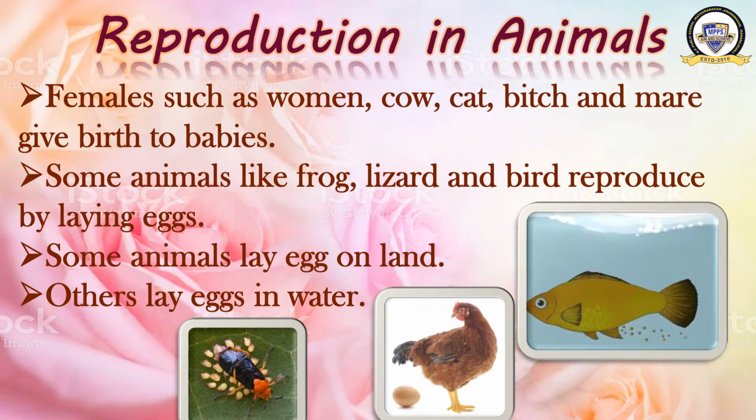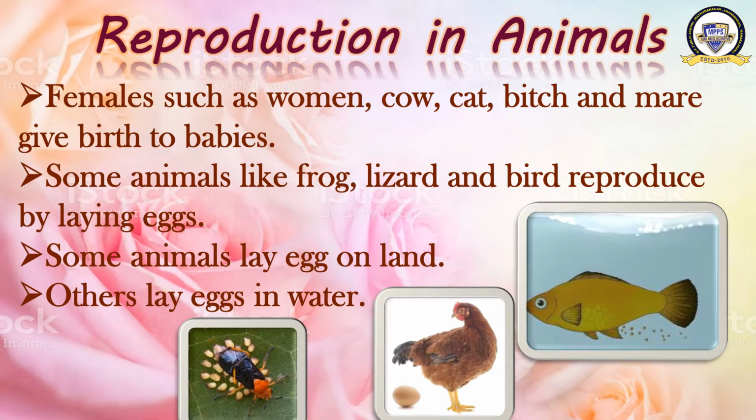Okay, let us see the examples here. These are the animals which lay eggs: fish, hen and insects. Some of the insects. Okay, and see their eggs also. You can see the eggs in the pictures. The insect and hen lay their eggs on land, but the fish lays its eggs in water. The next example is frog.